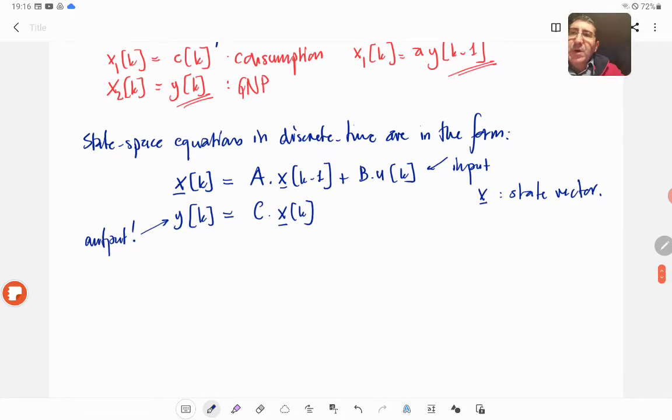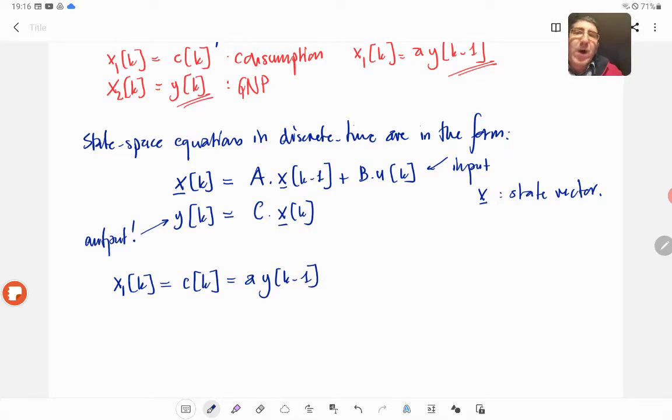All right, so let's try to write down the state equations. I will express x1 of k, hopefully in terms of x k minus 1. Each state has to be expressed as a function of the state at the previous time, and if the input is affecting that state, basically a term for the input. So x1 of k, we know that it is equal to c of k, and that is equal to a y k minus 1.